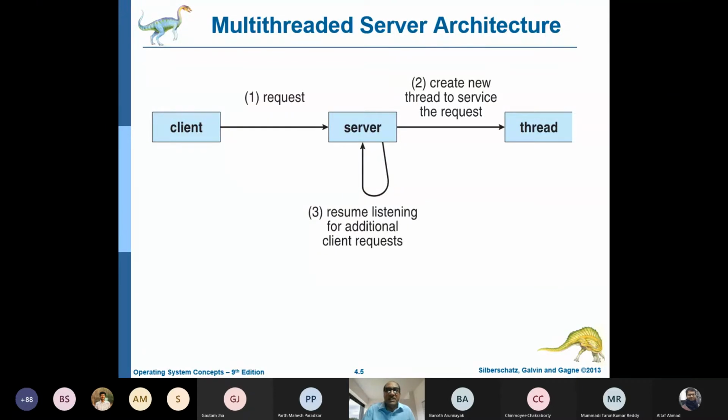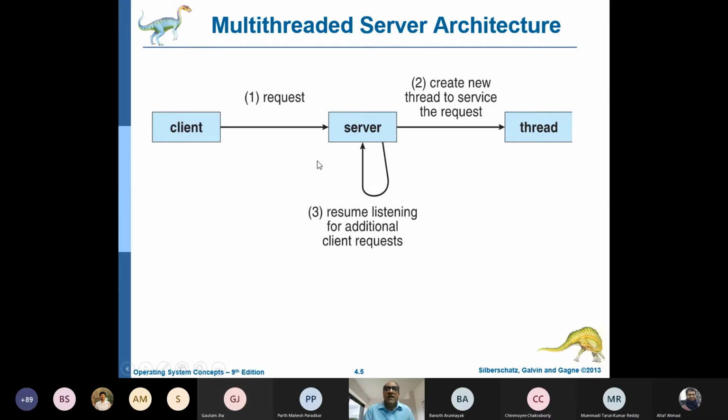With respect to resources, the same amount of memory as the server process is required, and whatever files the server process is using are required for the child process also. So it needs a lot of resources, and it's a bit involved to create a child process and use it for serving client requests.